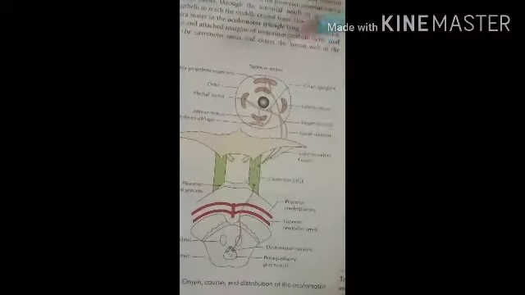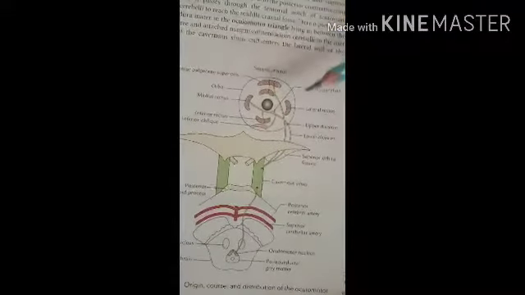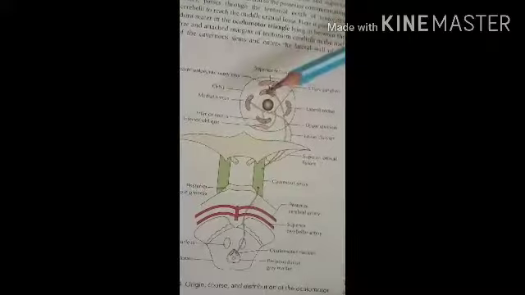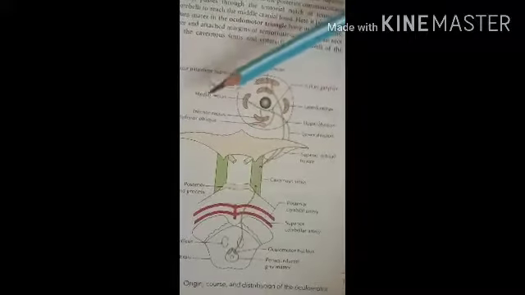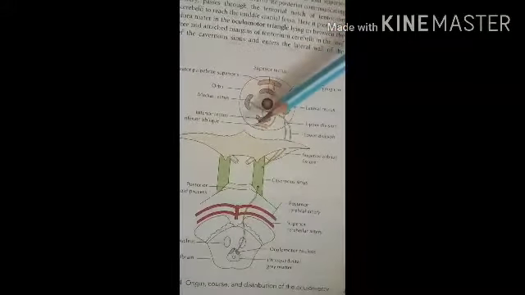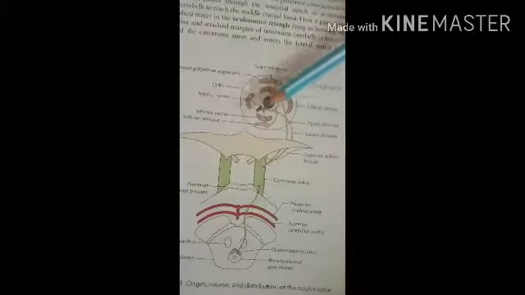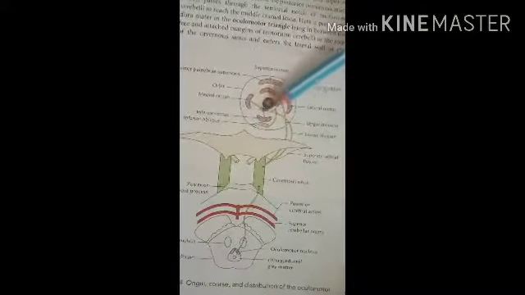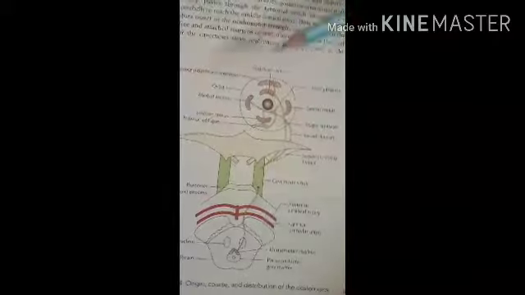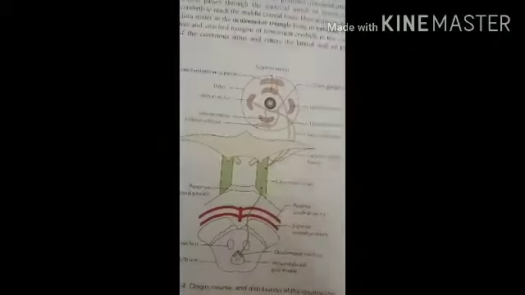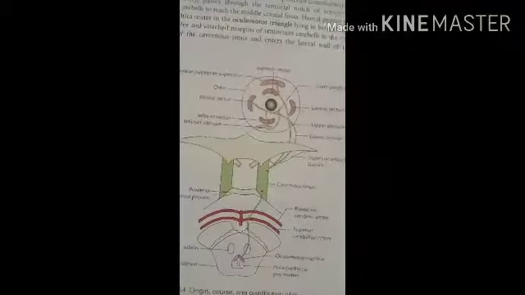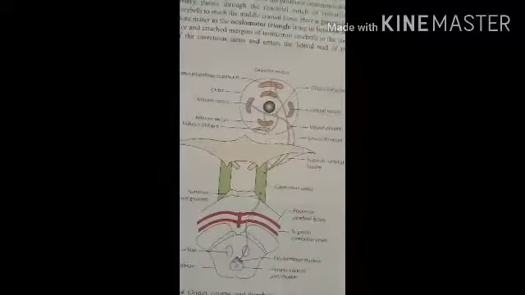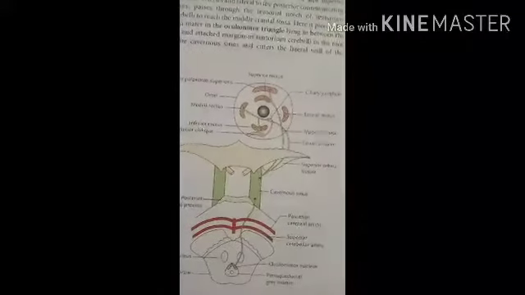And diplopia or double vision occurs due to paralysis of the medial rectus muscle, the inferior rectus muscle and the inferior oblique muscle, that is from the lower division of the oculomotor nerve. So these are the symptoms seen in relation to the oculomotor nerve.